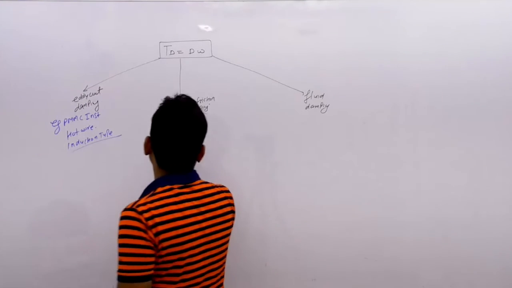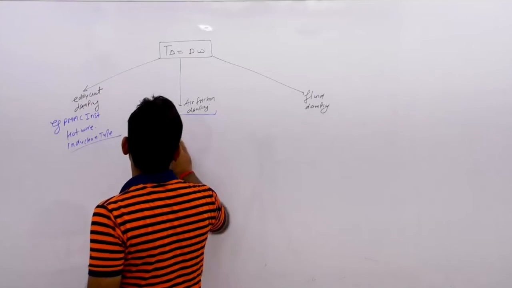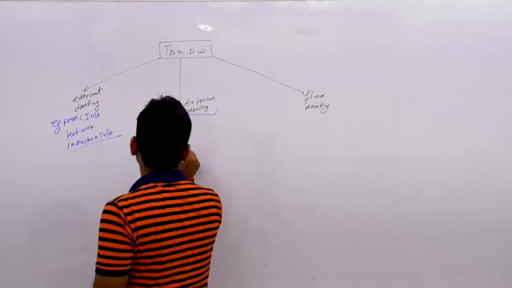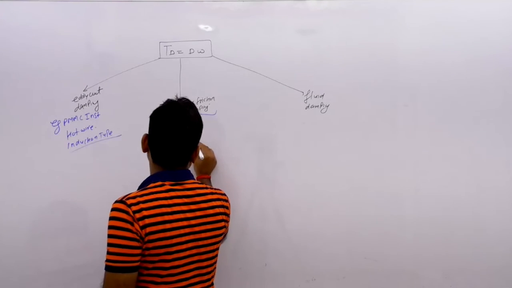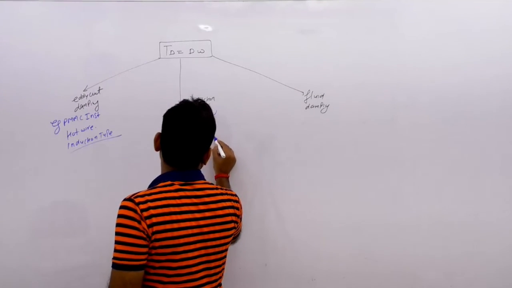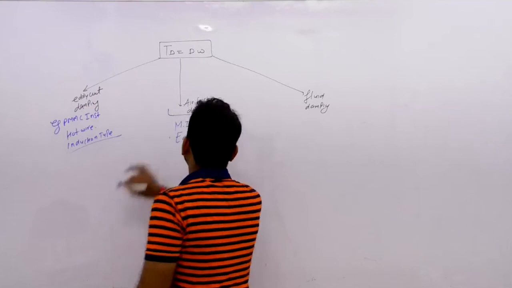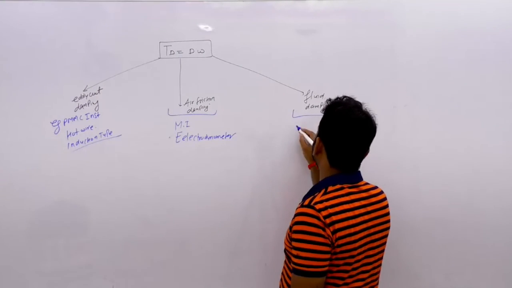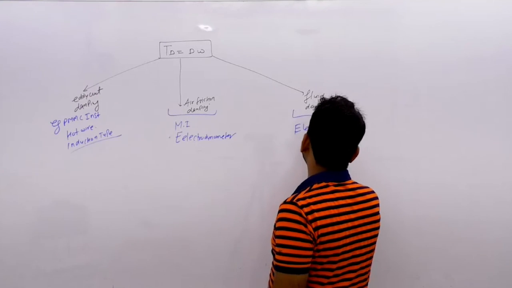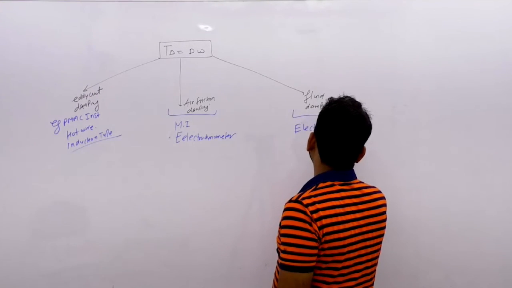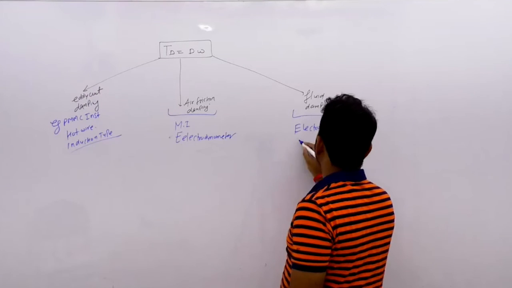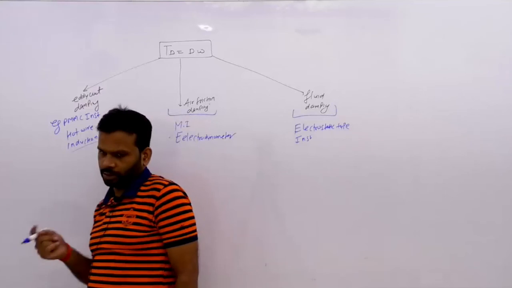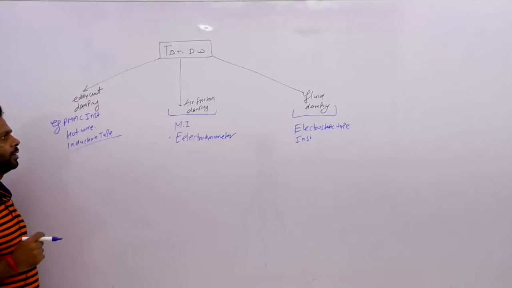Air friction damping is used in moving iron instruments and electrodynamometer type instruments. And fluid friction damping is used in electrostatic type instruments. So we have three types of damping: eddy current, air friction, and fluid friction damping.